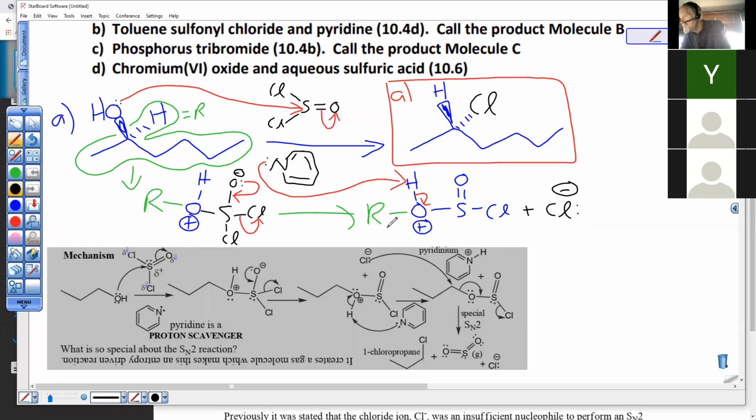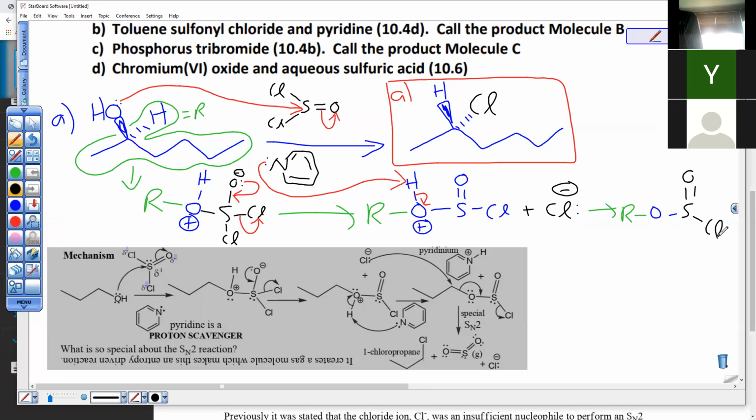And after this step where you take the H with pyridine, you've got this where R is attached to O, S double O, Cl. And we have R bonded to O, bonded to S, double O, Cl. And that is the equivalent of this species here.